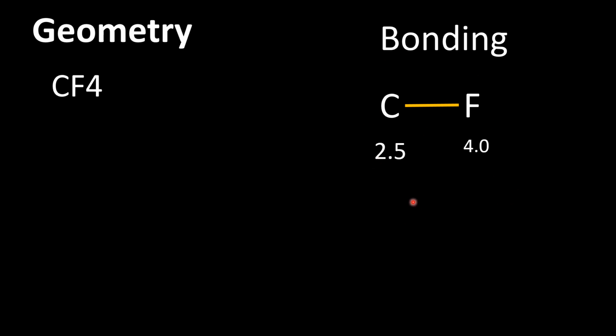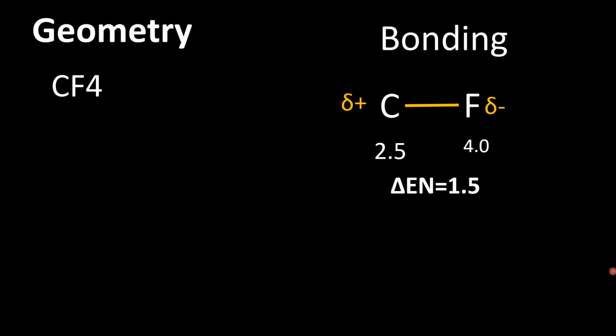But here in the case of carbon tetrafluoride, the electronegativity difference is more than 0.5. So we can say that the carbon side is partially positive and the fluorine side is partially negative. The sharing of electrons between carbon and fluorine will not be equal. The electron cloud will be more towards the fluorine side because it has a higher electronegativity than the carbon atom.